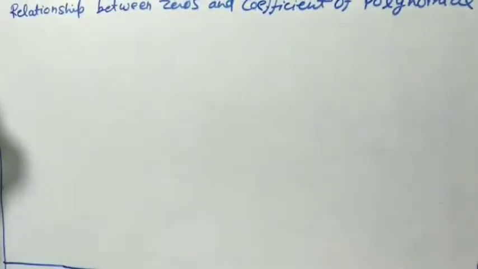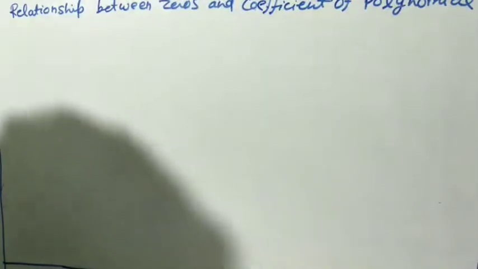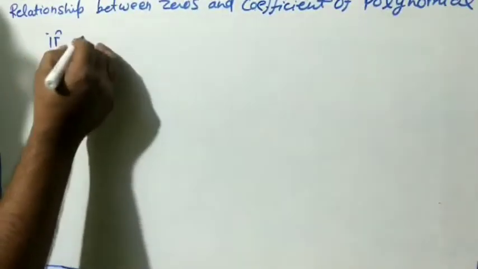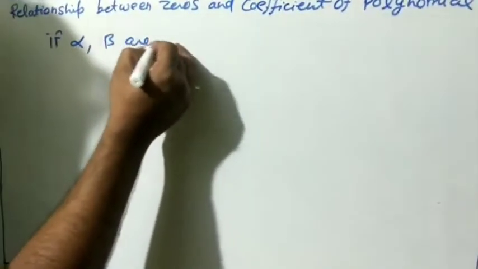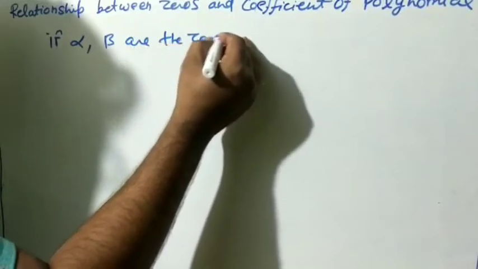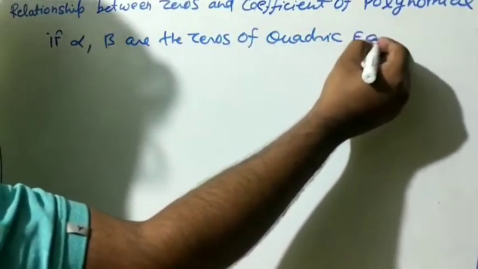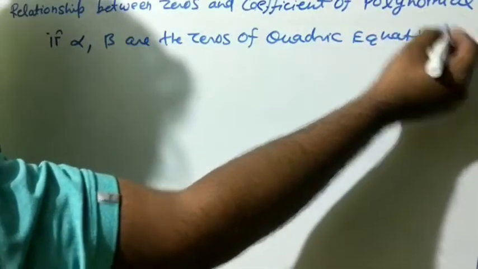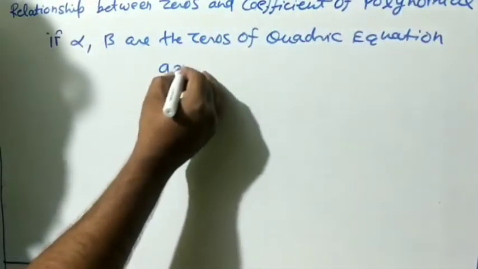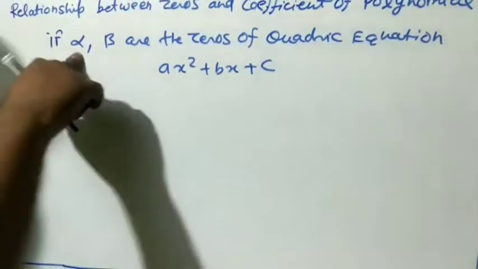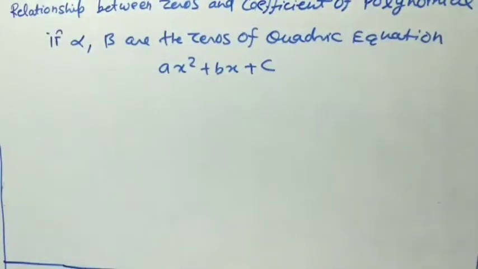So the next topic is the relationship between zeros and coefficients of a polynomial. So let's see. If alpha, beta are the zeros of the quadratic equation ax square plus bx plus c, zeros means roots.